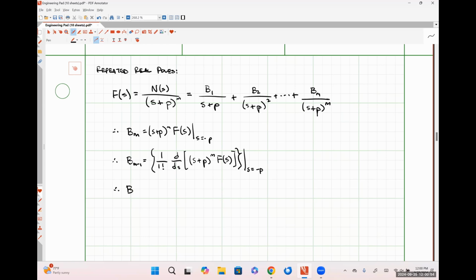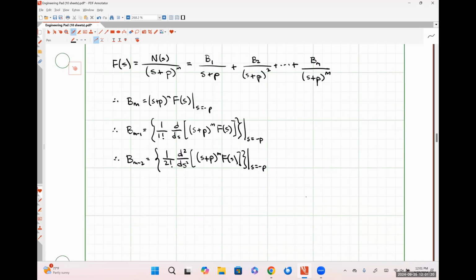For the b sub m minus 2 coefficient, that's going to look like 1 over 2 factorial. We're going to do the second derivative of s plus p to the mth power times F of s, close it, evaluate it at negative p, and so on and so forth.